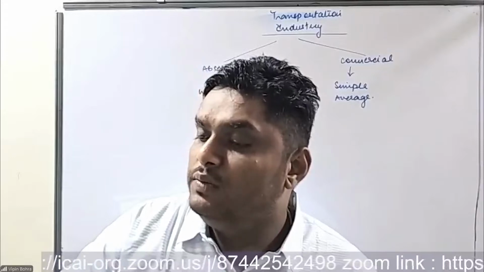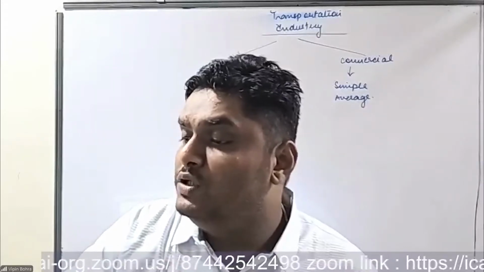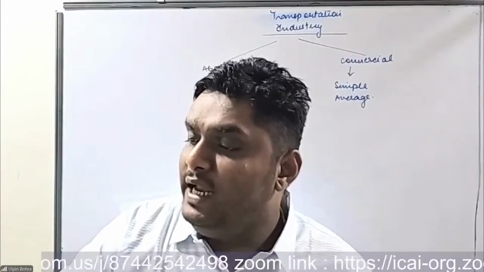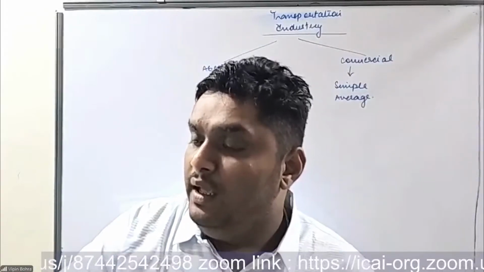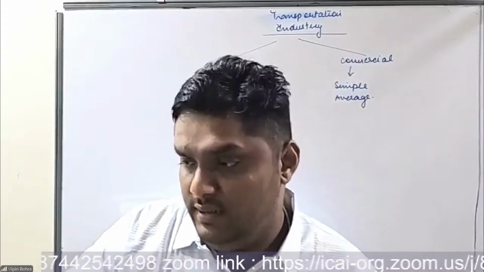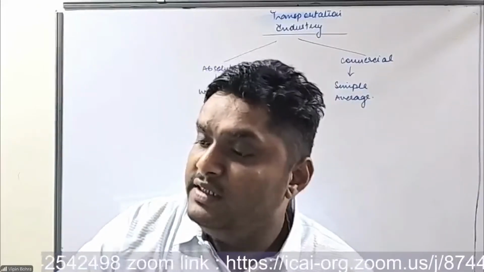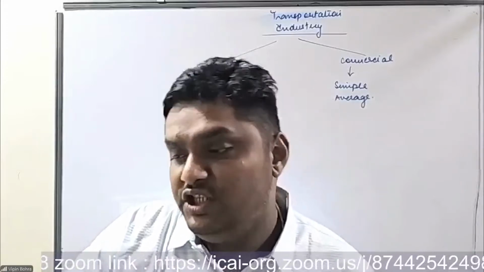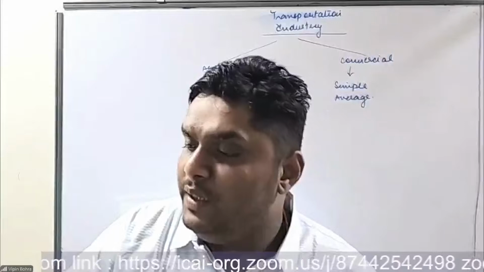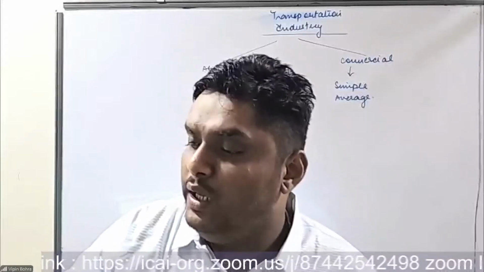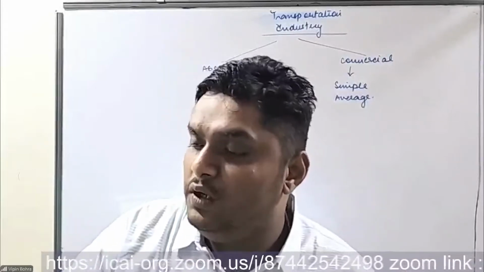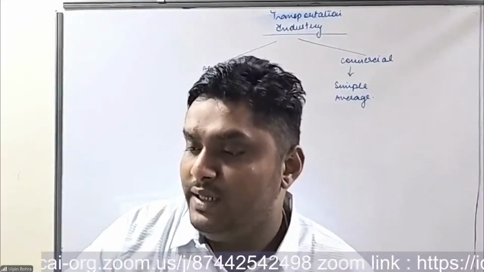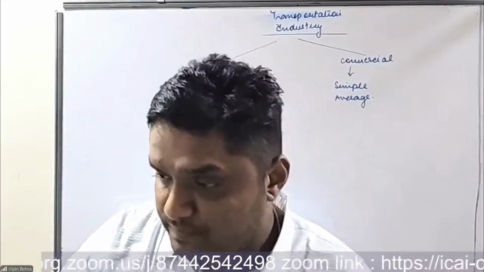A lorry starts with a load of 20 metric tons of goods from station A. It unloads 8 metric tons at station B and the balance goods at station C. It reaches station A with a load of 16 metric tons loaded at station C. The distances between A to B, B to C, C to A are 80, 120 and 160 kilometers respectively. Compute absolute metric ton kilometers and commercial metric ton kilometers.